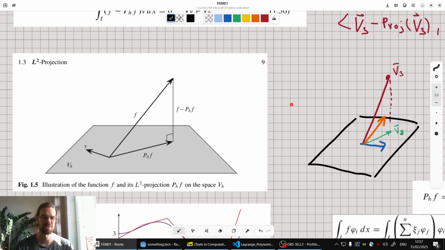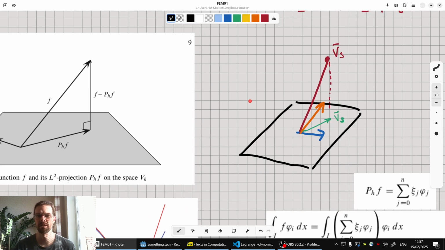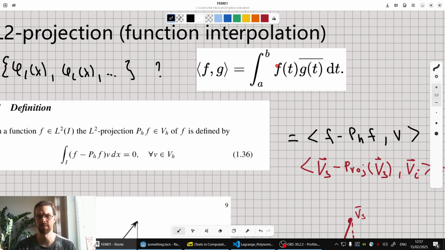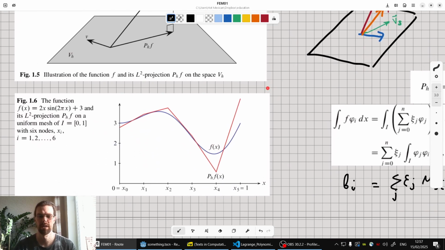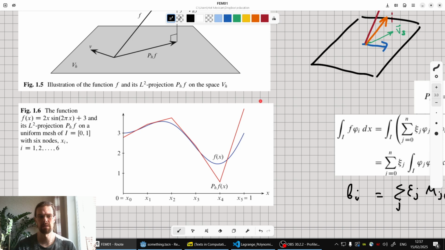That's what I tried to recreate, except in this case we have VH, some kind of plane space spanned by hat vectors or something. So it would be really confusing. And the interesting part, again, because this is an integral and basically we are dealing with functions, it is also an approximation.